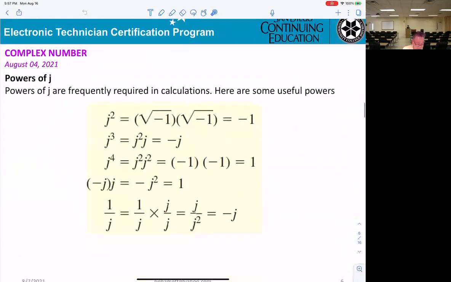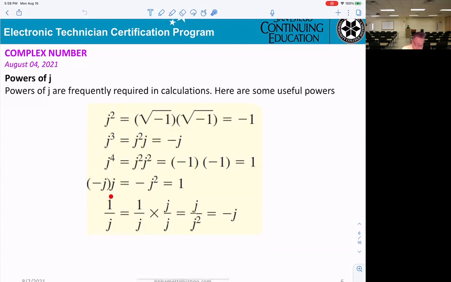Now, we also already showed you Z squared equals the square root of minus 1 times the square root of minus 1. You get minus 1. Z power 3, Z squared times Z, you get minus Z. Z to the 4th is 1.